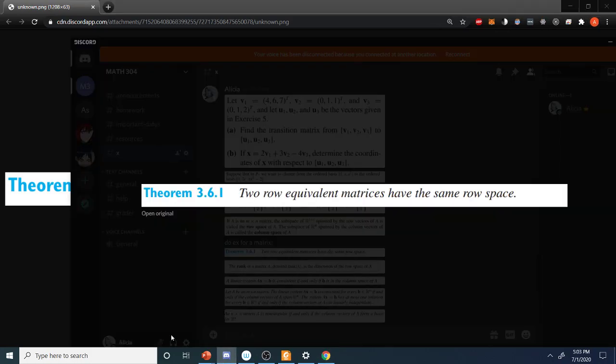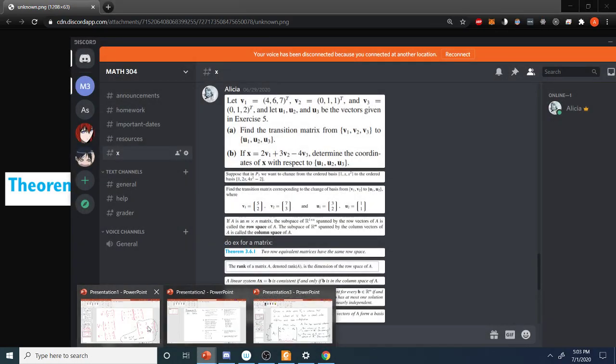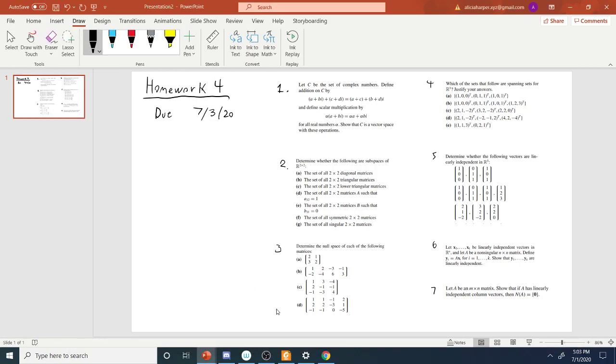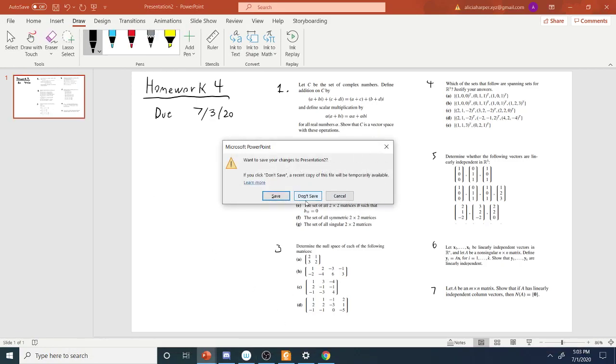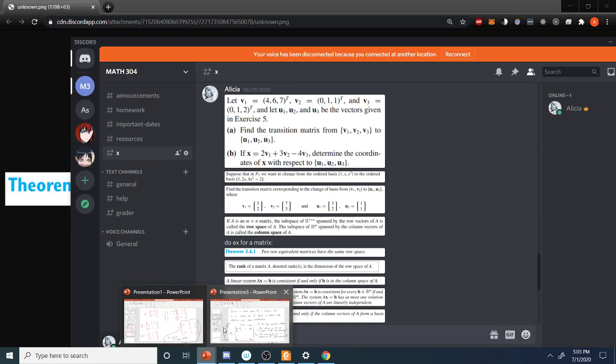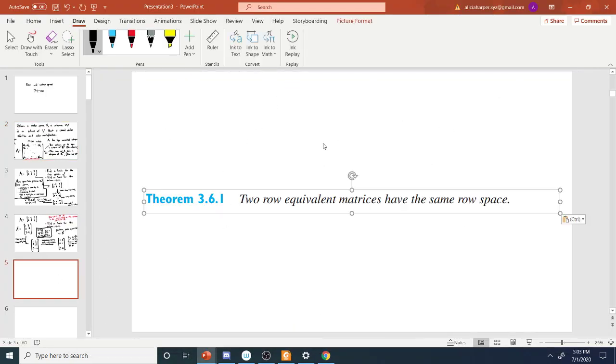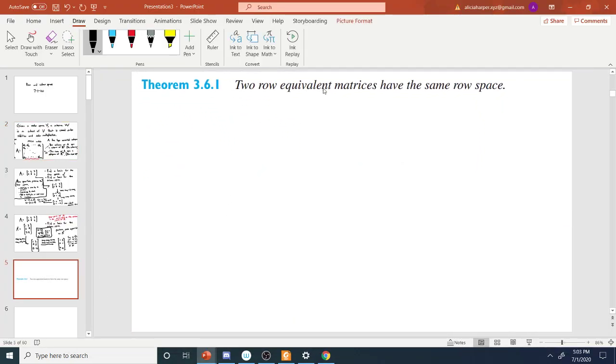So I already stated this, but let me actually prove it, because this is our first important theorem. If we have two matrices that turn out to be row equivalent, then the claim is that they have the same row space.